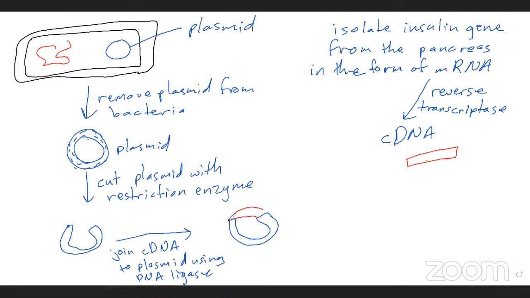So there you have it. So this is now recombinant DNA. The reason why I call it recombinant DNA is that it's DNA from two different organisms. This was from the bacteria and this is from human. And the reason why it's the vector: what does a vector do?